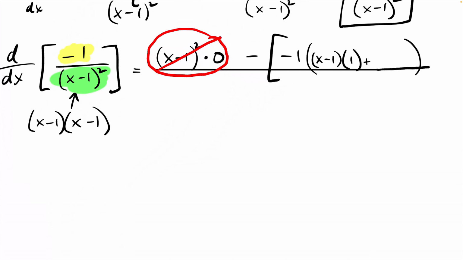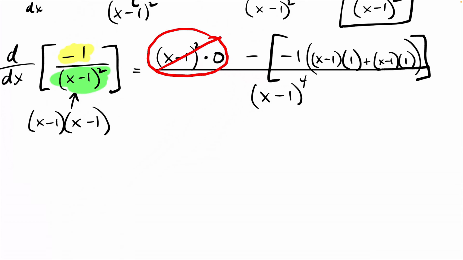Plus second times the derivative of the first. Over the bottom squared. Well, the bottom's already squared. So if I square, how many powers do I have? 4.